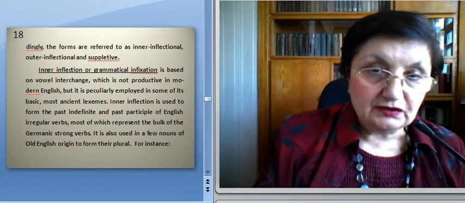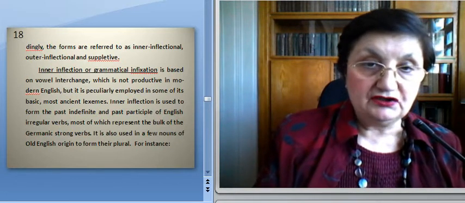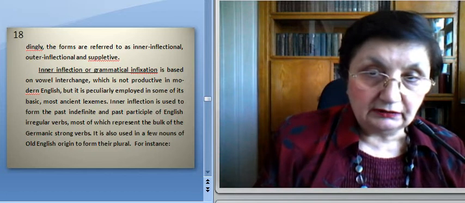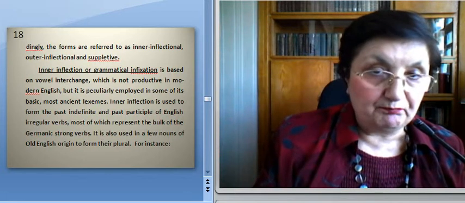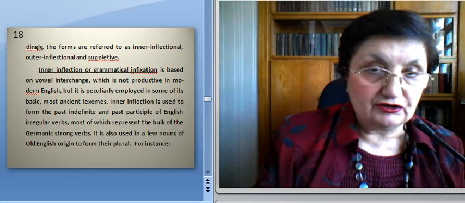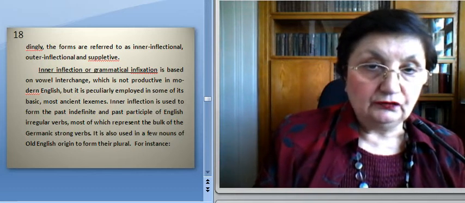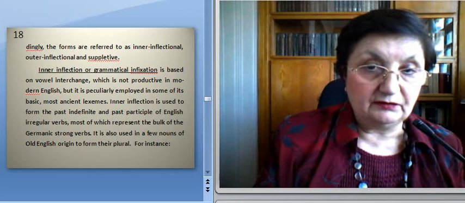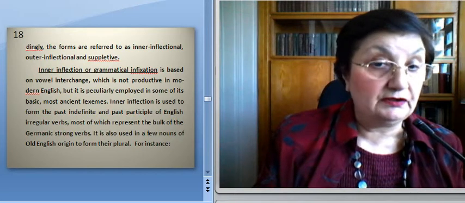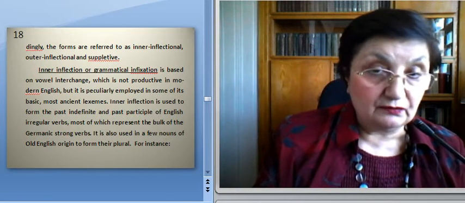Inner inflection is used to form the past indefinite and past participle of English irregular verbs, most of which represent the bulk of the Germanic strong verbs. It's also used in a few nouns of Old English origin to form their plural.